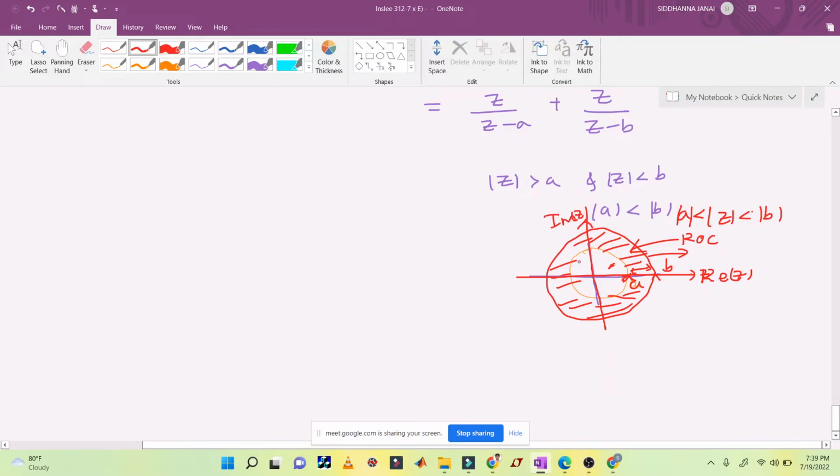Real and imaginary axis. I hope this is clear. You can clearly distinguish between the three.